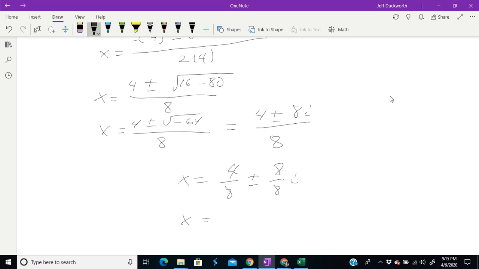So x equals 1/2 plus or minus i. So in standard form, that's probably good there, but x equals 1/2 plus i and 1/2 minus i. Although I'll accept this. This is fine. All right, so that's that group of problems.